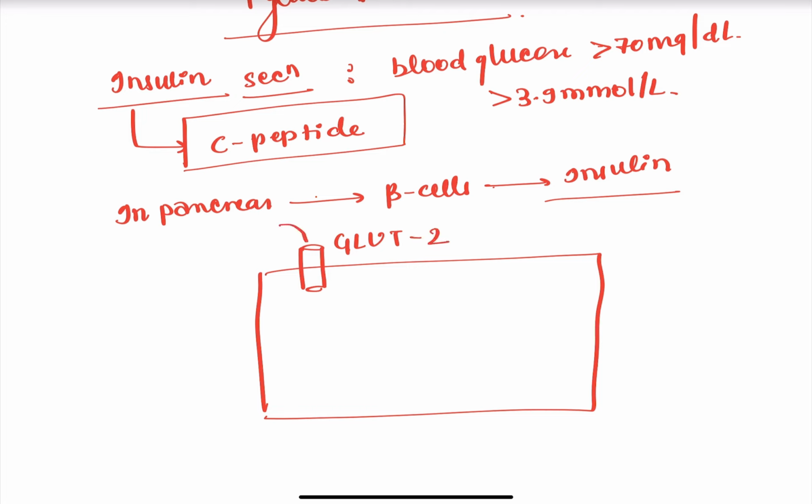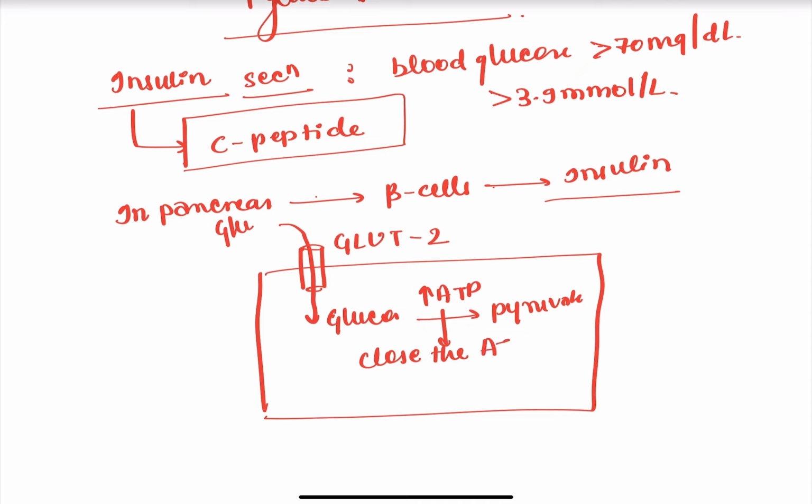From this glucose transporter, glucose will enter into the beta cells, and this glucose will form pyruvate, and there will be generation of ATP. This increase in ATP will close the ATP sensitive potassium channels, and due to this there will be depolarization of the membrane of the beta cell.